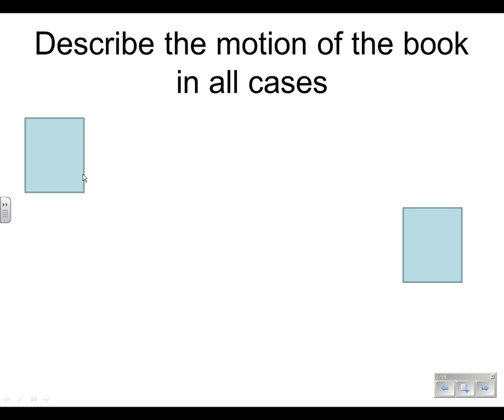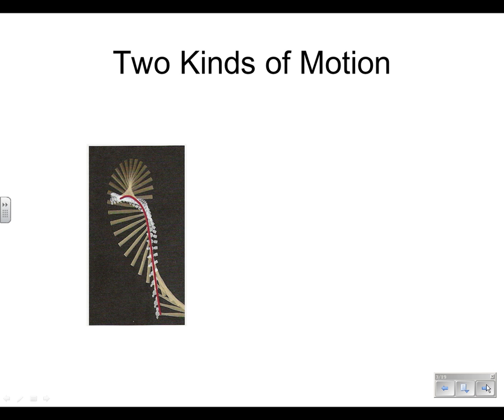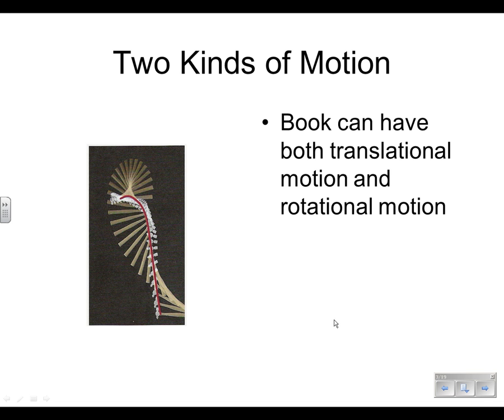So, to take that idea and build on it a little bit more, let's talk about what this book can do. This is not a picture of a book, it's actually a picture of a hammer, but when we flip that hammer through the air, there are two ways that we can analyze its motion. First, we can look at translational motion, and that's what we've pretty much talked about all year long.